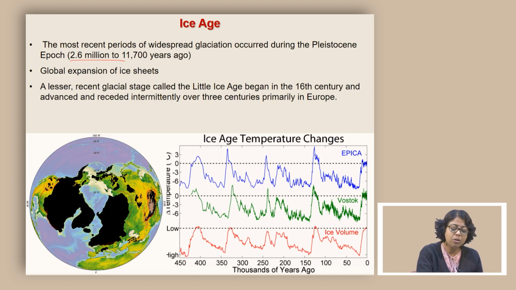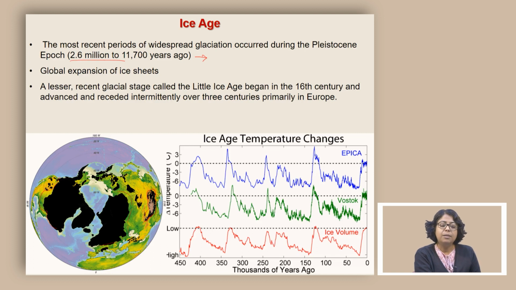So, this is the peak of the glacial period, and then it constantly goes back and forth between glacial and interglacial period. This ice age also had a major impact on the type of mammals that were found around this time.